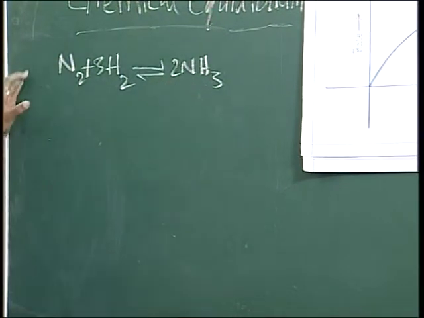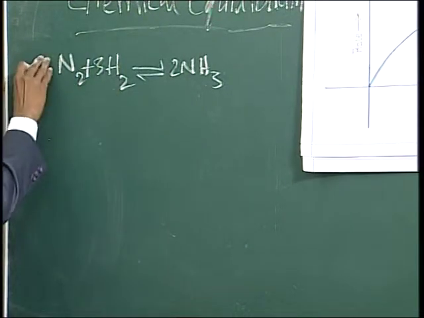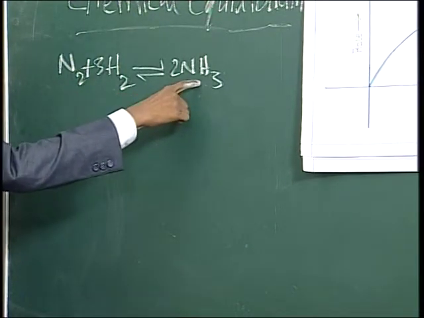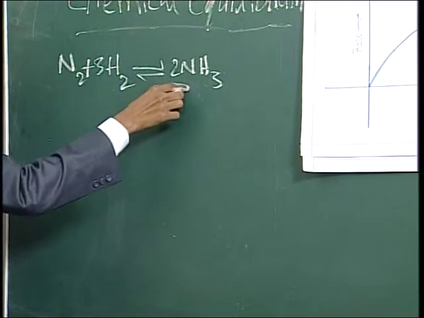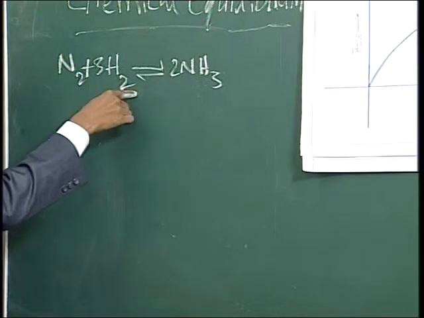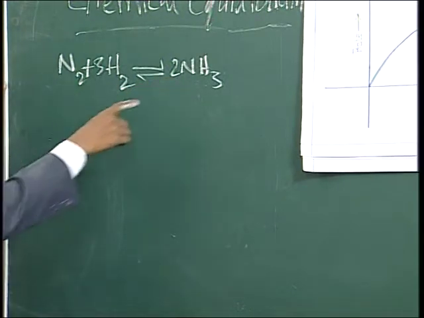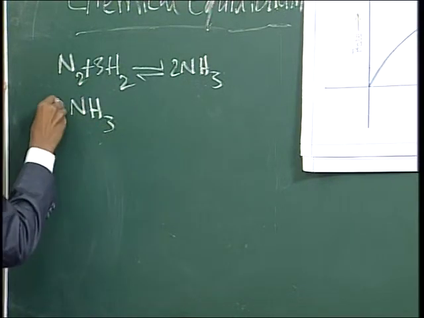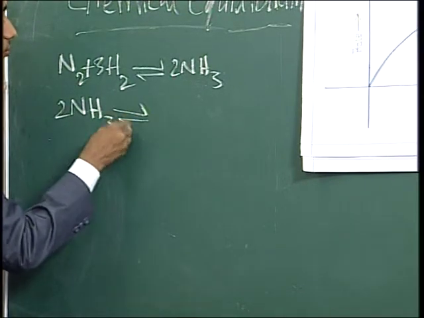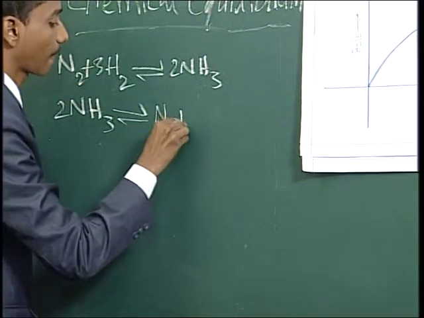And the concentration of the N2 and H2 decreases and the concentration of the NH3 increases, and this is the forward reaction. And in the backward reaction, it decomposes and forms these two, and we can take only NH3 alone, and we can decompose it and form nitrogen and hydrogen separately.